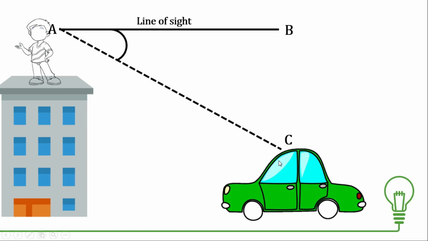So from point A to point C, the angle formed prior to our line of sight would be what we so-called the angle of depression. So let us now differentiate. Angle of elevation is formed if the object is above the observer's eye, while angle of depression is formed if the object that you are looking for is below the observer's eye or below the line of sight.